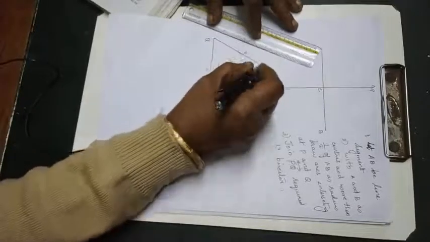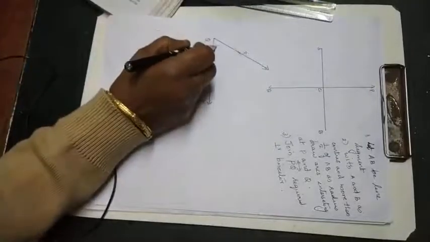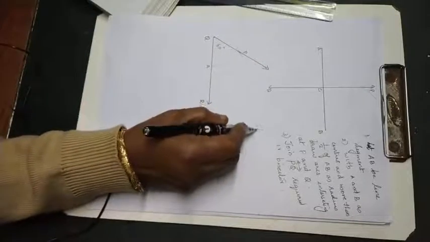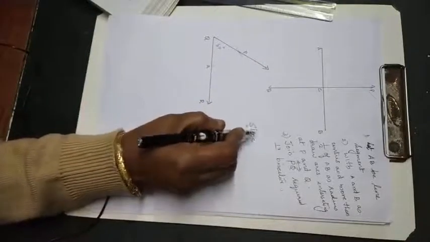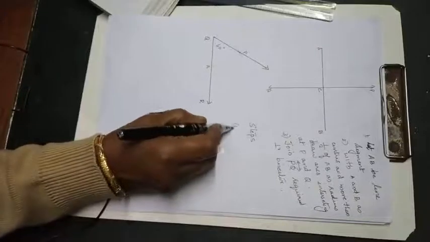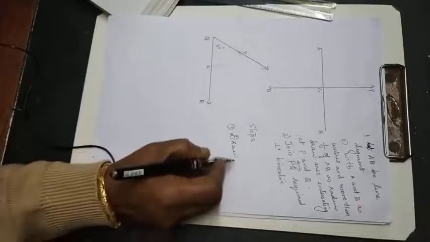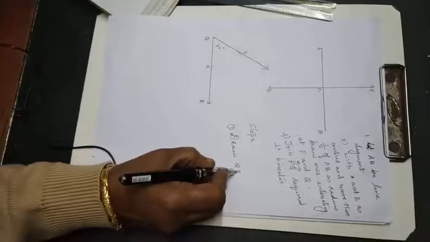You can measure and see that PQR is 60 degree. Now how will you write the steps? First one, draw a ray QR.